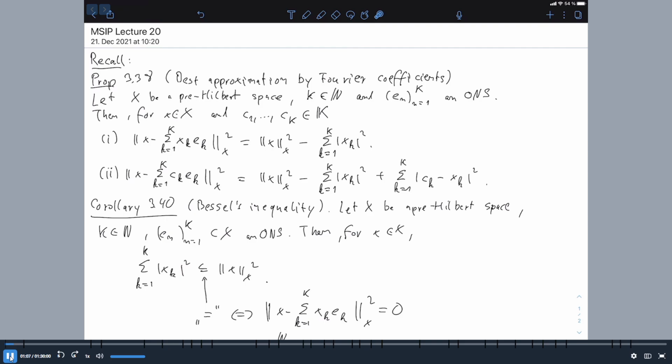The first thing that we noticed was the so-called best approximation property of the Fourier coefficients.